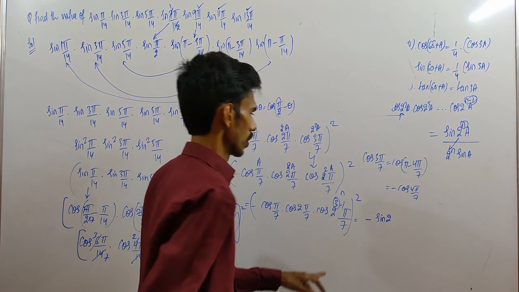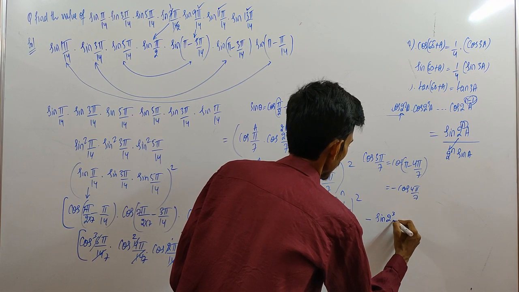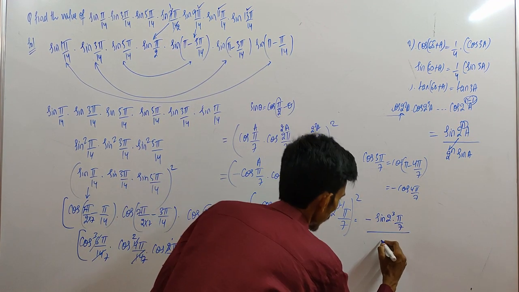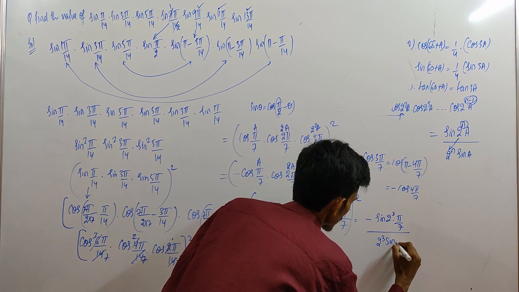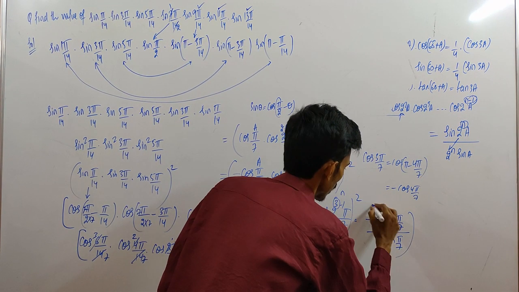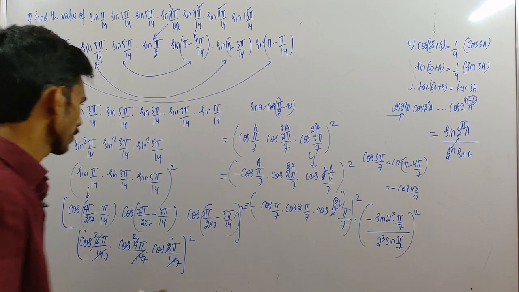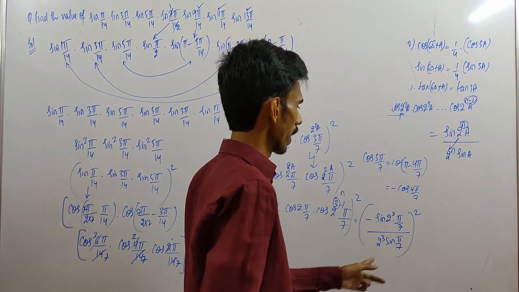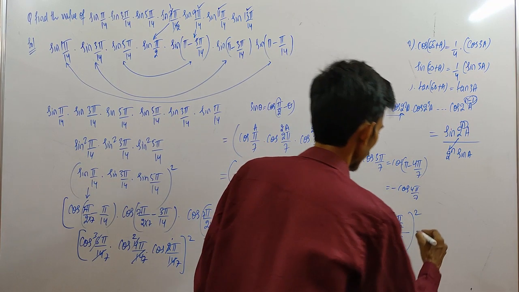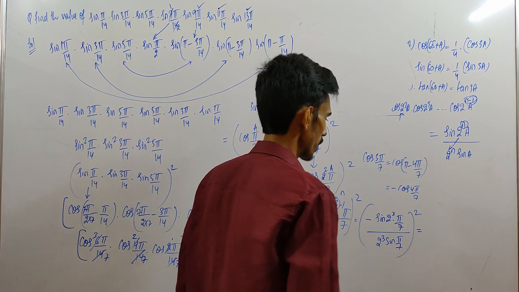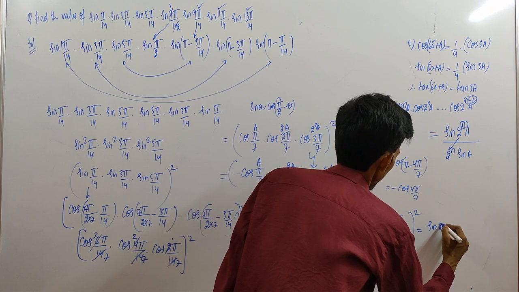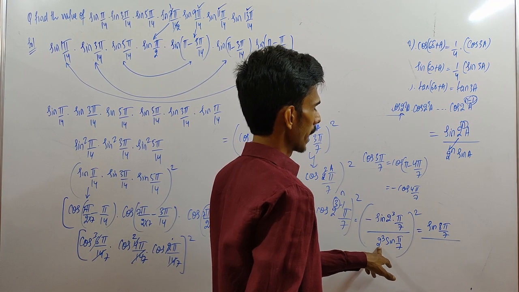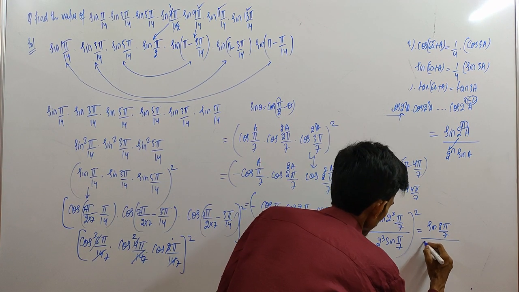sine of 2 power n into pi by 7 divided by 2 power 3 sine pi by 7, whole square. Here we have square, so all terms are under square. Now we have minus square is positive. So it will become sine 8 pi by 7 divided by 2 power 3. 8 square is 64.